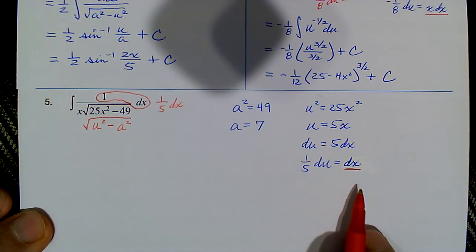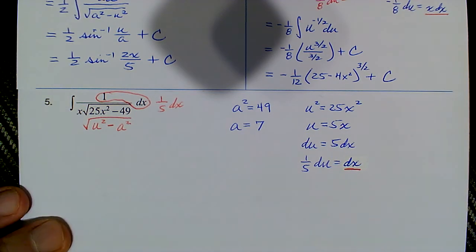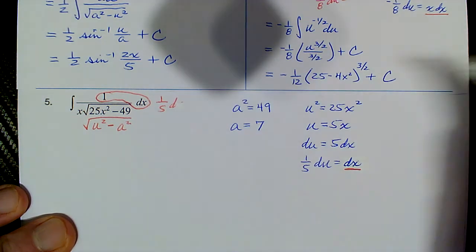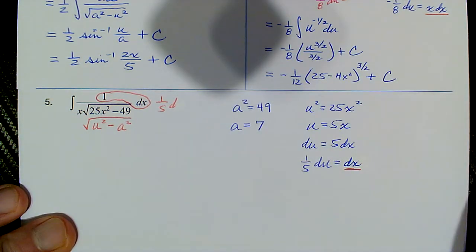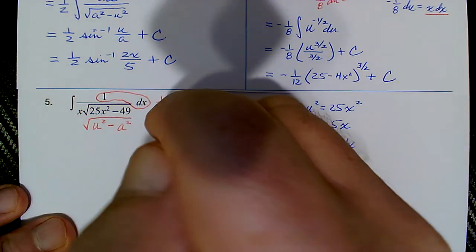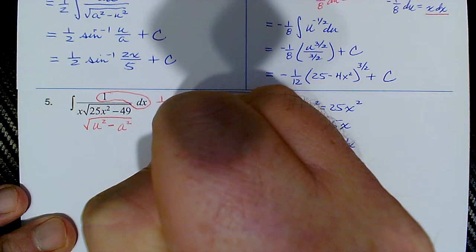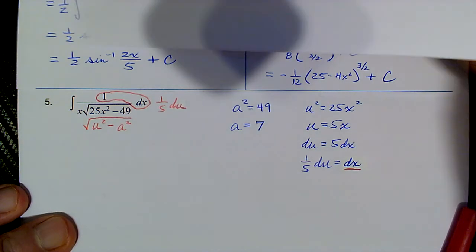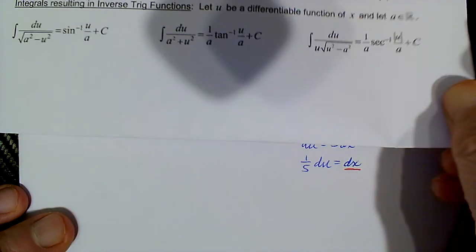I'll replace dx with 1/5 du, as we normally would. But then I have to account for the fact that in the formula, there is the square root.